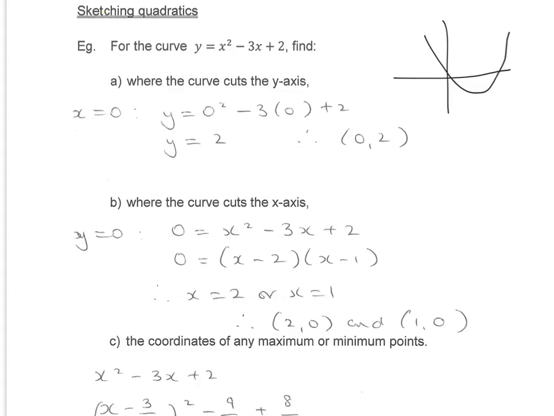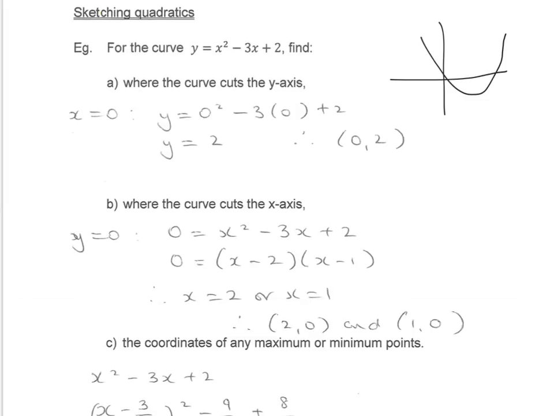If x is equal to 0, we have 0 squared minus 3 times 0 plus the 2. So 0 squared being 0, 3 times 0 being 0, 0 minus 0 plus the 2 gives us an answer of 2. So we have an x-coordinate of 0, a y-coordinate of 2, and I know the curve crosses the y-axis at 0, 2.